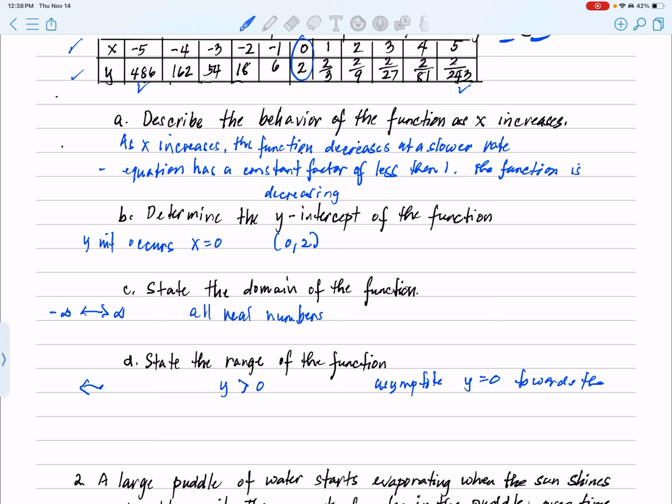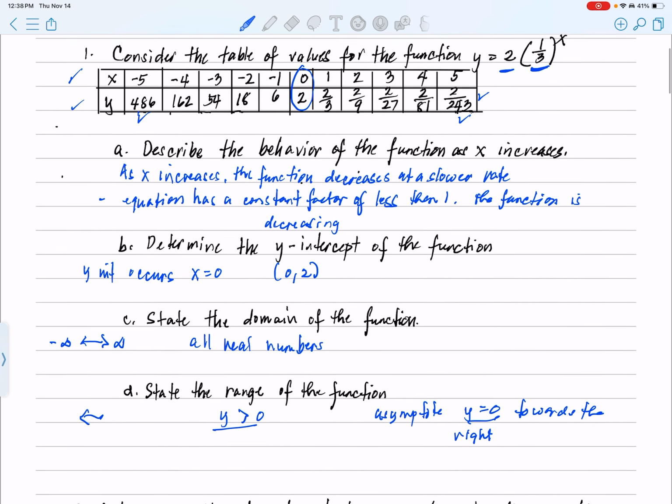Because this is in decimal points towards the right, it's a positive value until it reaches 0. So y is greater than 0 at this point in the graph.